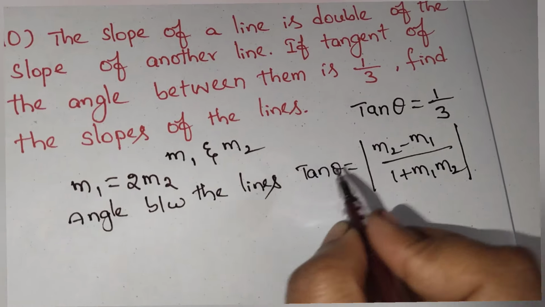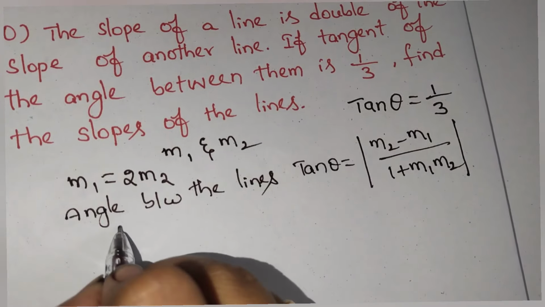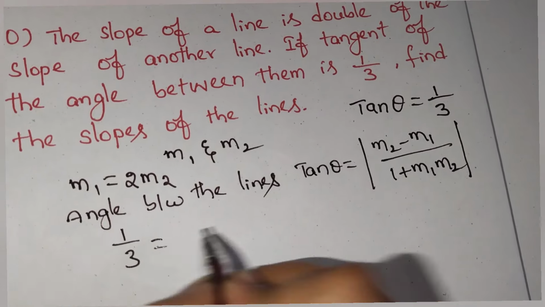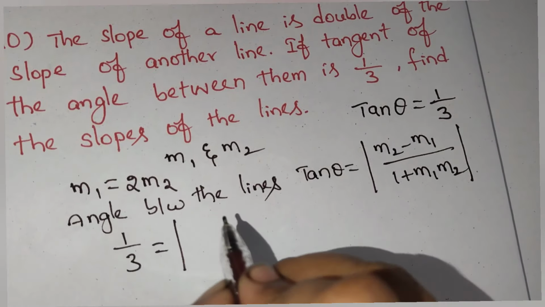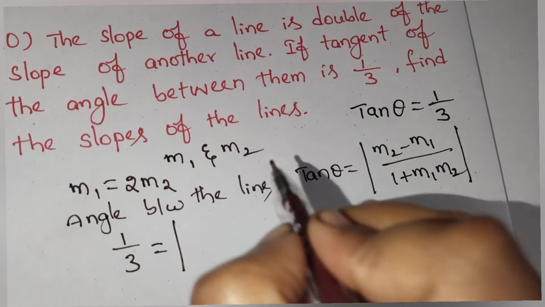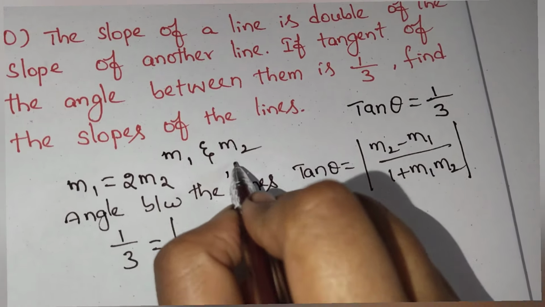So the tan theta value is 1 by 3. So right here, 1 by 3 is equal to mod of m2, where m2 we consider as m.